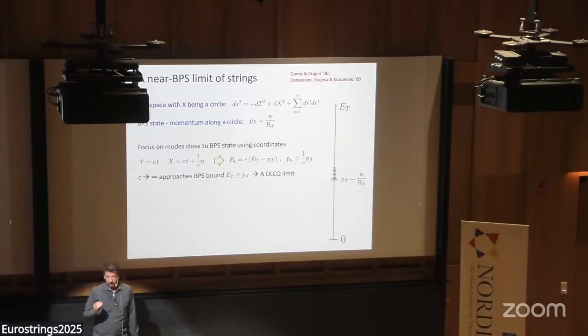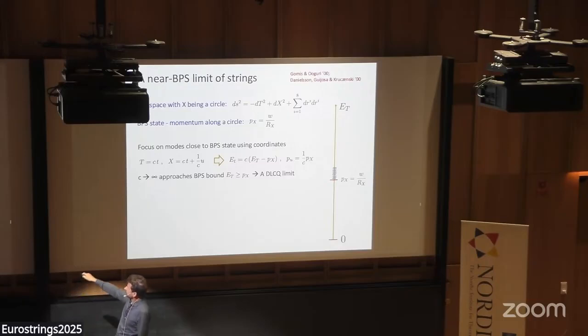If you now want to focus on modes that lie just above this BPS state, that's what I tried to illustrate on this energy ladder here. So you want to focus on modes that are near BPS, where this W is the quantized momentum. Then you can do that by changing coordinates that focus on energies that are really close to this BPS state.